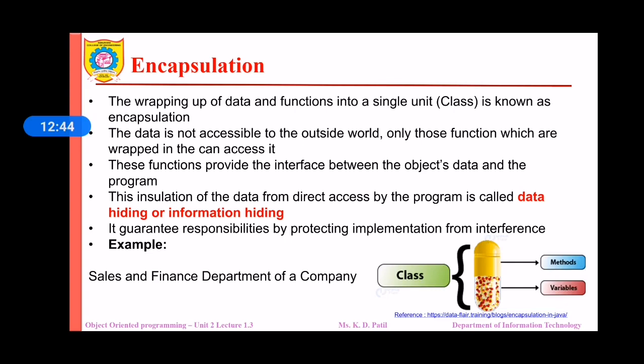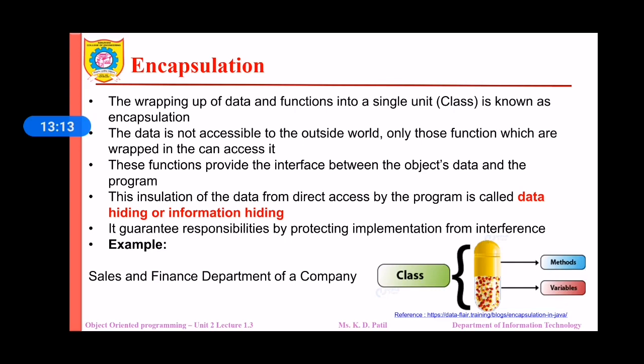The member functions of the class can provide the interface between the object's data and the program. The insulation of the data from direct access by the program is called data hiding or information hiding. Please remember, the concept of abstraction is a little different from data hiding or information hiding.